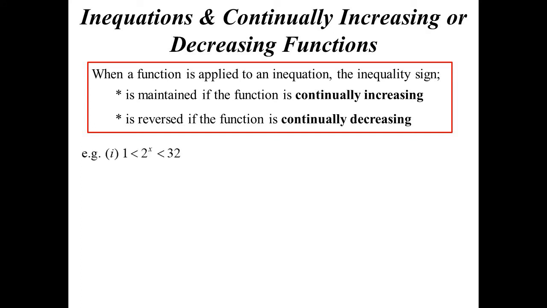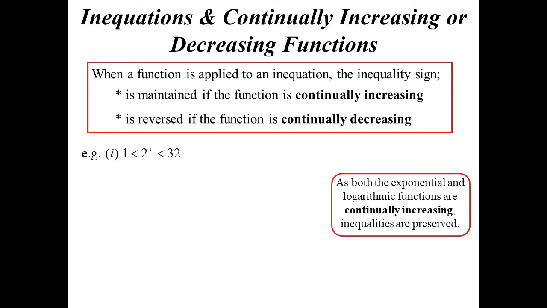So if we got something like this, I guess it has got something to do with exponential equations, but this is an inequation. So 1 is less than 2 to the power of x is less than 32. Now, exponential and log functions, both of them are continually increasing. So regardless of what I use, an exponential or a log function to solve this problem, that inequality is going to be preserved. So I could just find the log of all three things, and it will still be in the same order.